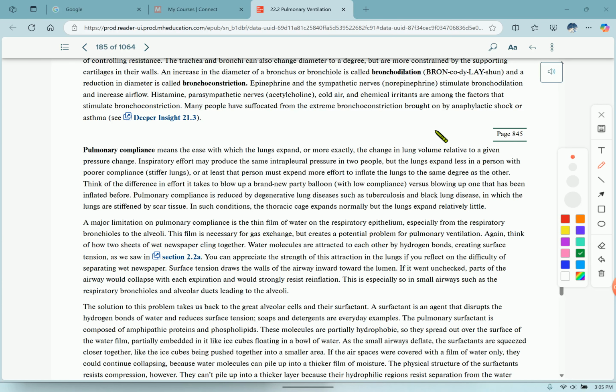Okay, pulmonary compliance. The word compliance is the ability of tissue to expand. A balloon is a good analogy. We have a deflated balloon, and the skin of the balloon has very good compliance. If we force water or air into the balloon, you're going to get a pretty big expansion, right?